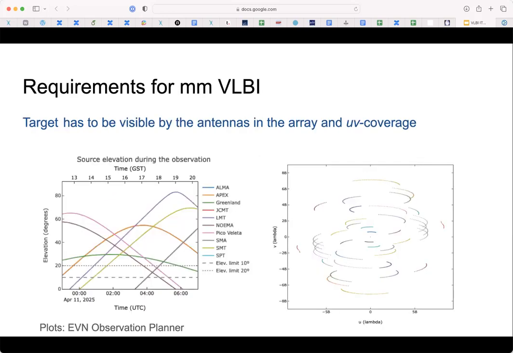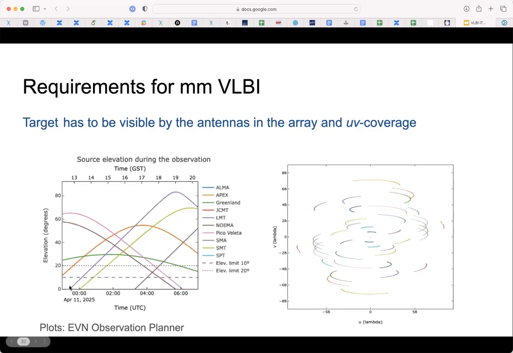Other requirements are that the target has to be visible by most of the antennas, at least sometime, and the UV coverage is good enough. This is a plot created with the EVN observation planner. We're going to have a short demonstration of this in a few slides. This is a really nice tool, and it really helps with planning your VLBI observations.